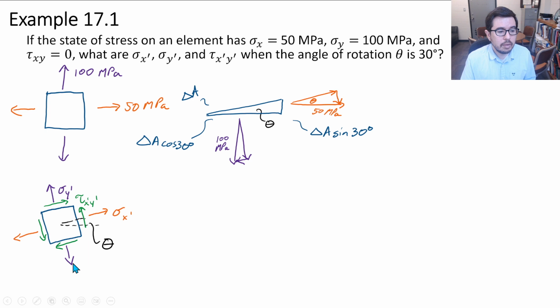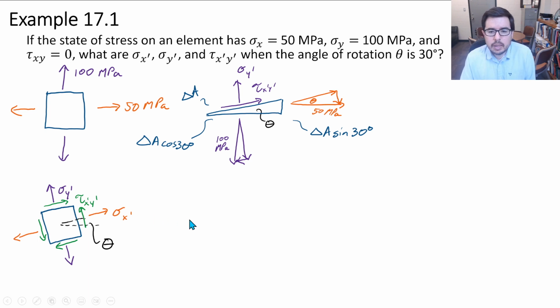Similarly, we break down the 100 megapascals that we have into its components acting on this face, and we can write sigma y prime, and we can write tau x prime y prime, right? This is the tau x prime y prime that you see here, and this is now the sigma y prime coming out, right? So this is like the top face of this rotated element.